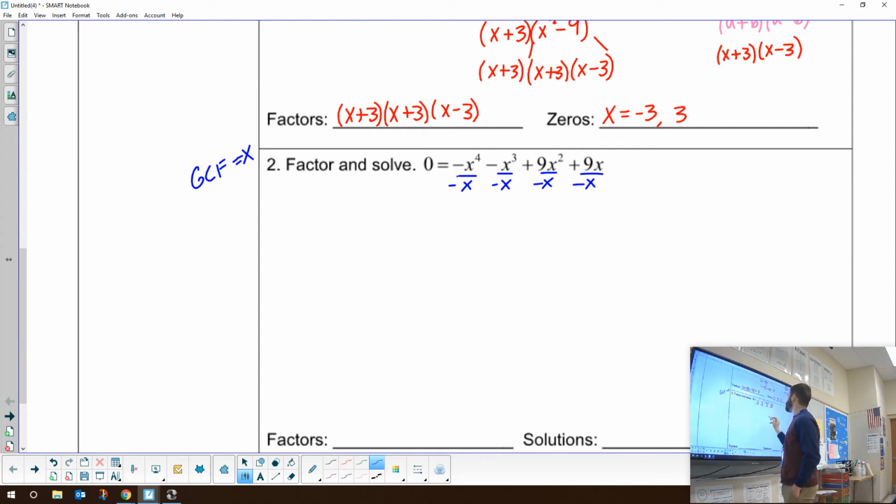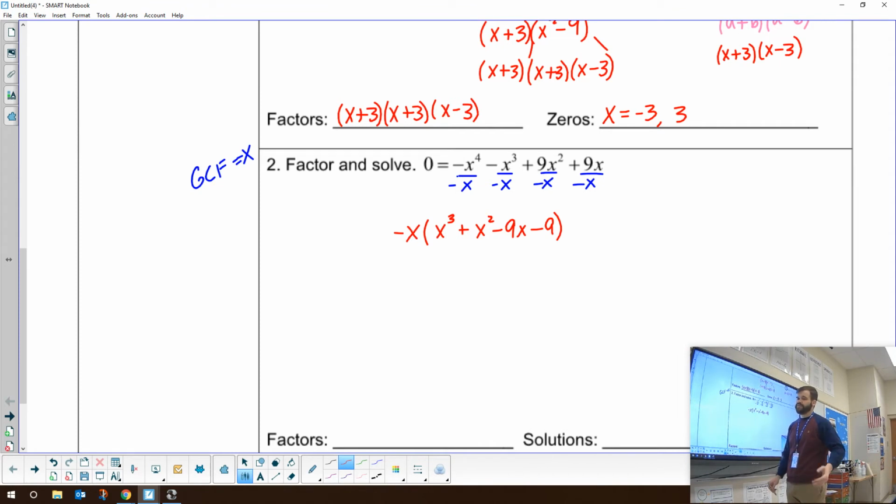So we're going to divide each one of these by negative x. All right, so check this out. It's going to be a negative x in front times x to the third plus x squared minus 9x minus 9. Then we are going to factor by grouping.